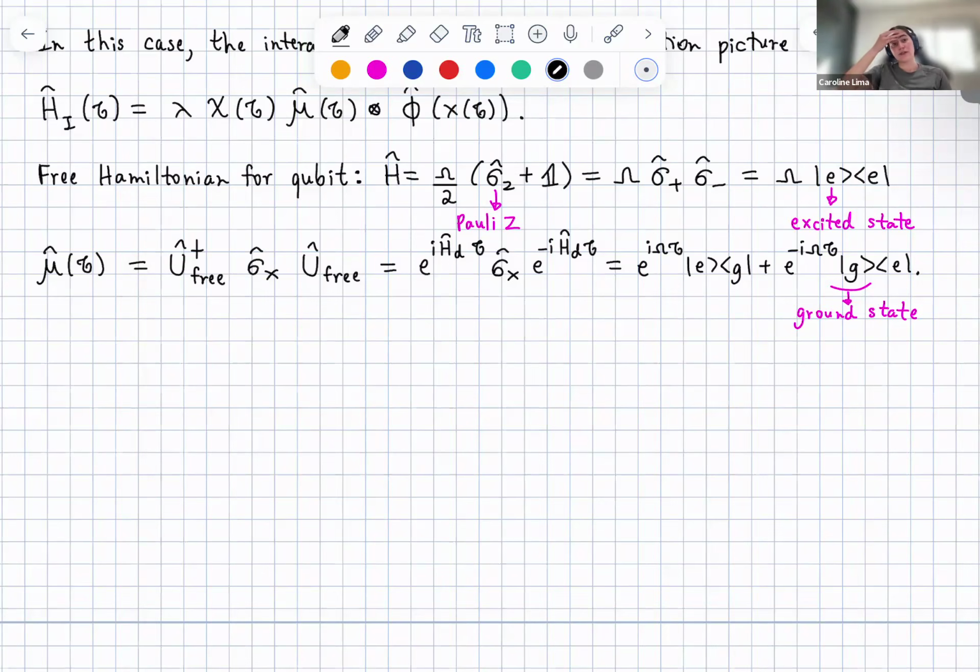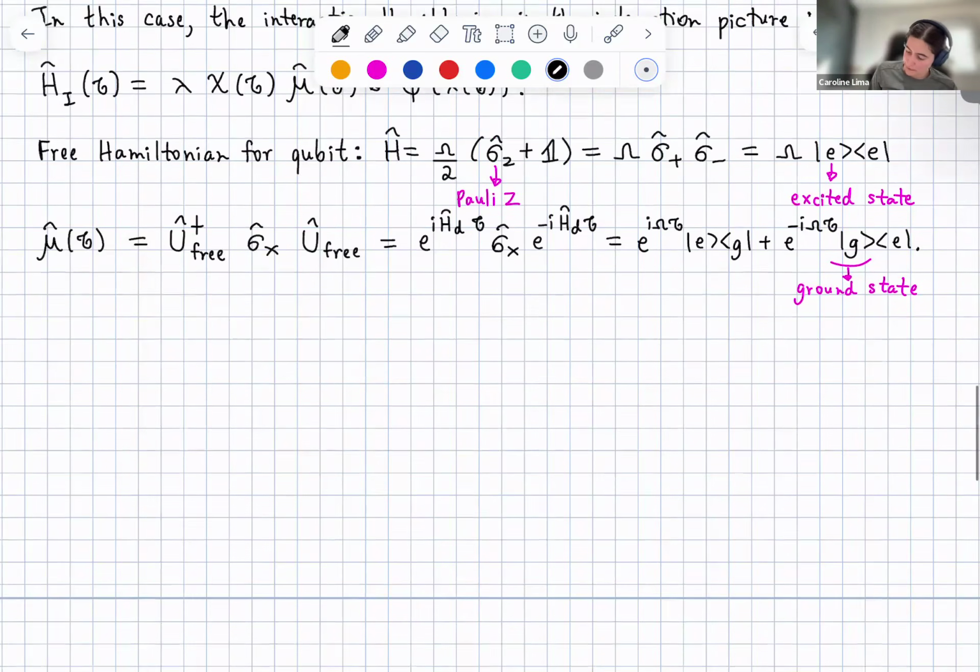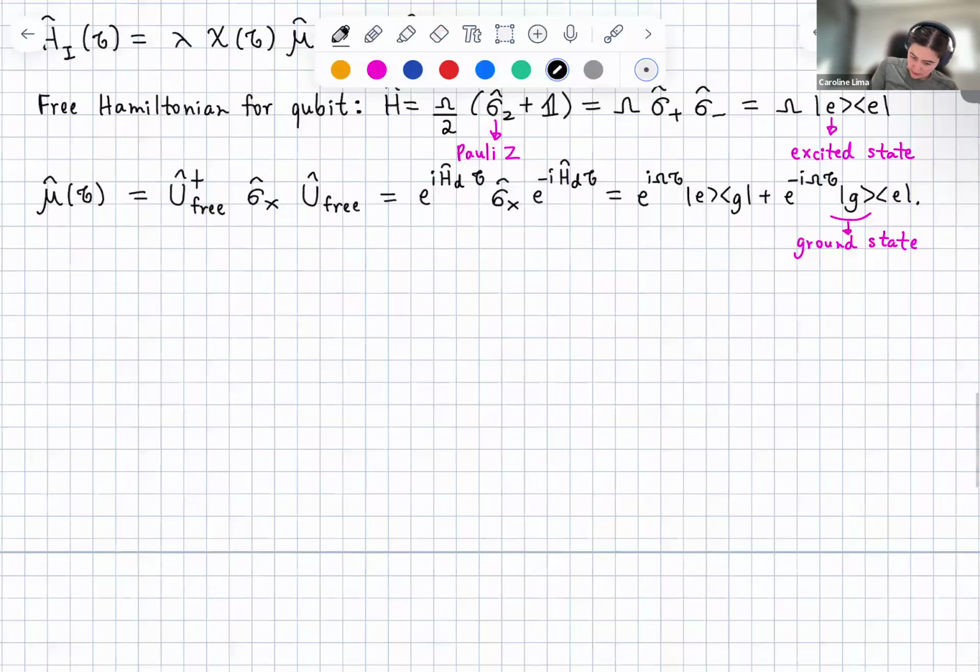Let me see. Okay, so given that I already have this free Hamiltonian for the qubit, I have defined what my monopole moment is going to be. Given that I already have my interaction Hamiltonian, what I need to evolve my states is a time evolution operator, right?